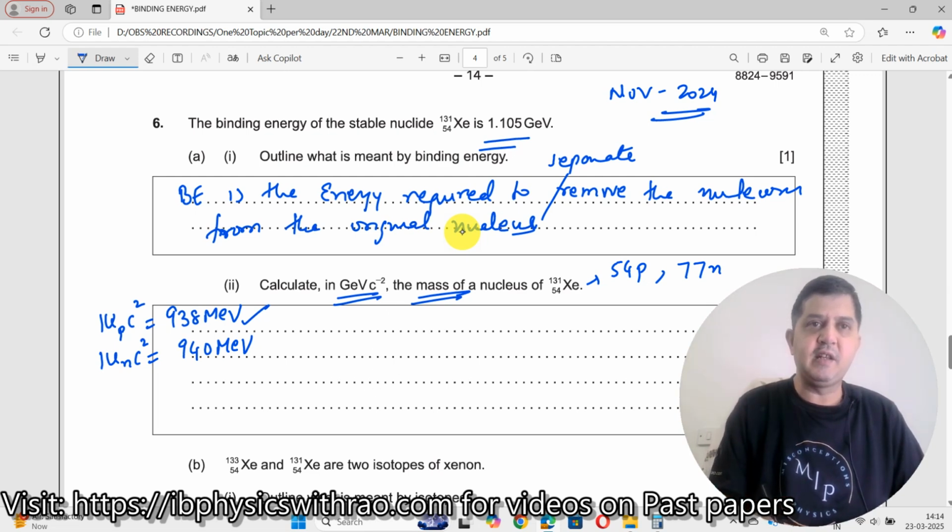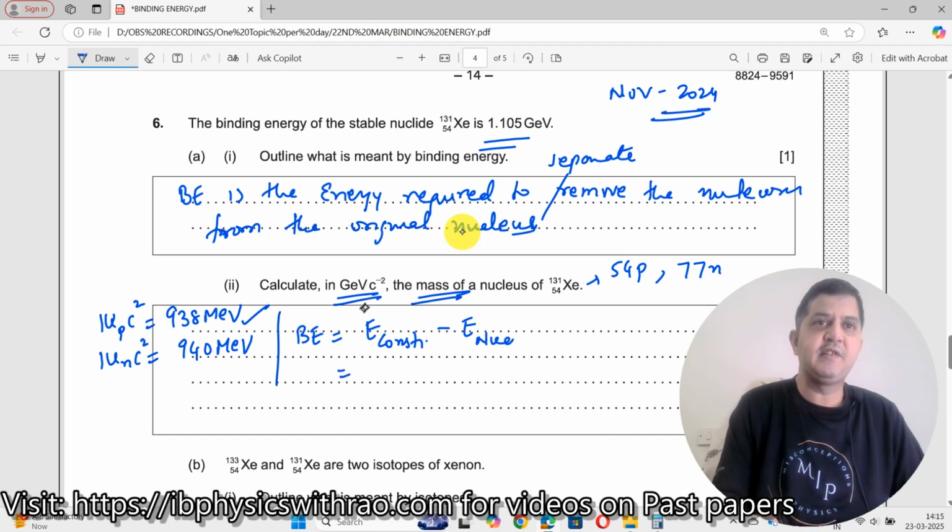Now let me define this binding energy. The binding energy, as we know, is the energy of the constituents minus the energy of the nucleus. What is the energy of the constituents? We have to find out.